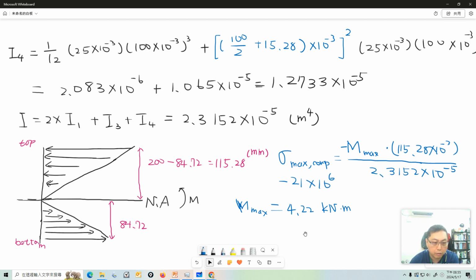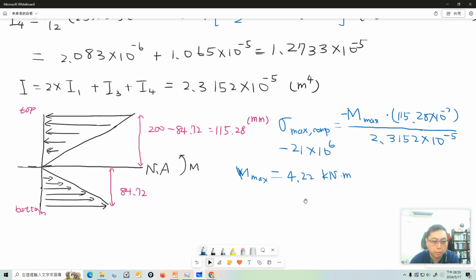That's the maximum moment if we use the maximum compressive stress given by the problem.